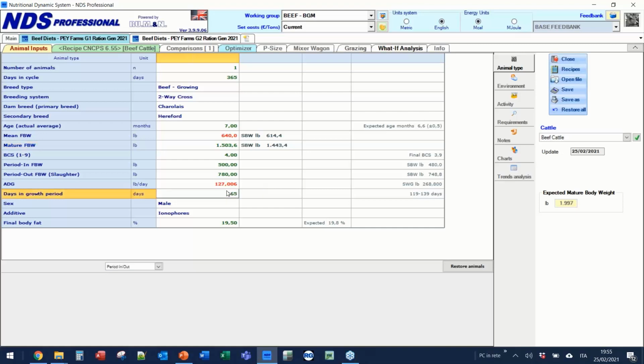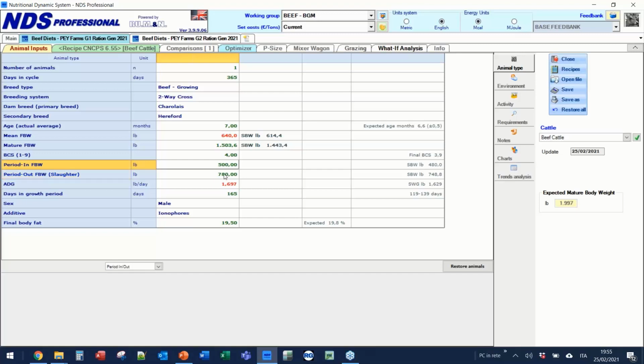In this way, we have to input the starting body weight, I mean the body weight at the beginning of the period, which we define as period in full body weight. In this case it is 500 pounds, and the corresponding period out full body weight that should correspond to the slaughter weight.